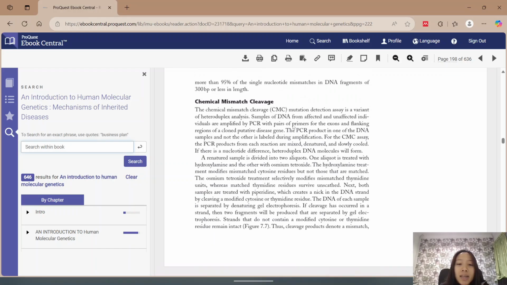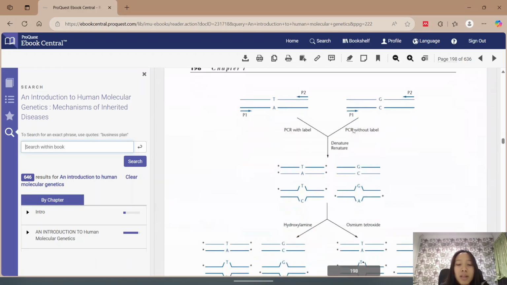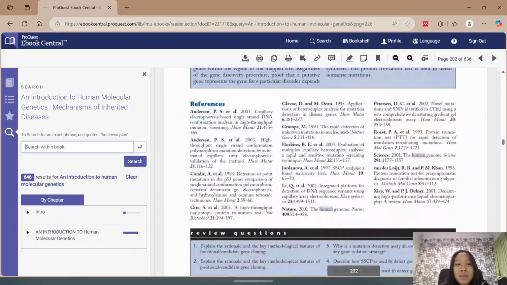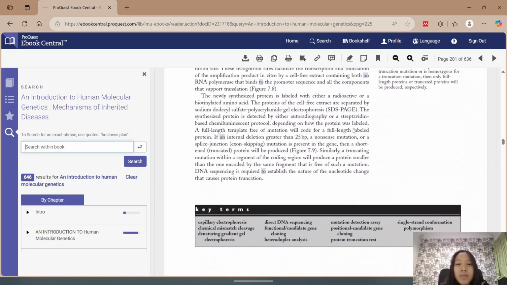What I like is it will provide the key terms at the bottom here and some review questions for us to study.